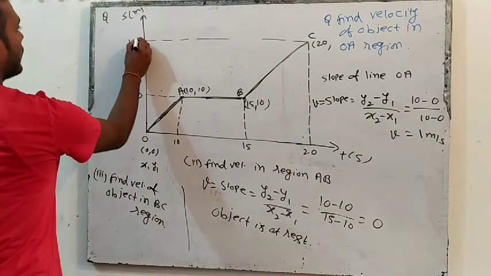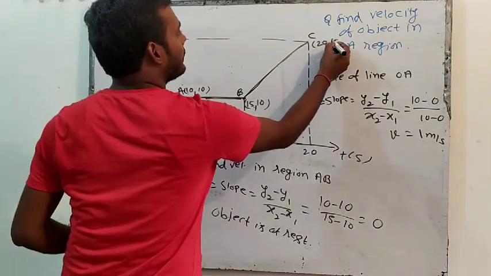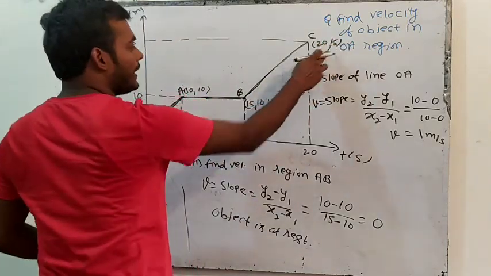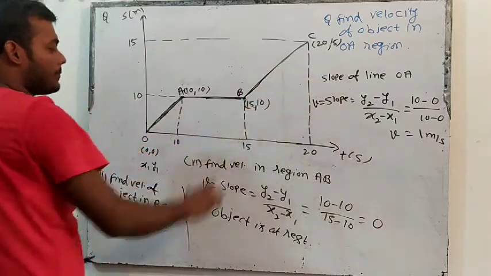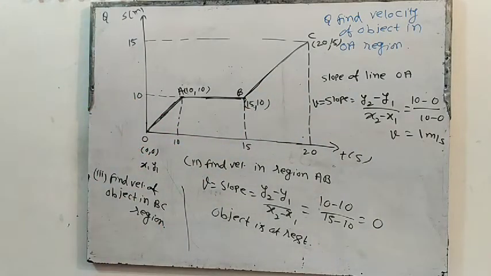This is 15, so this will be 20, 15. So 15 minus 10 divided by 20 minus 15, that will be the slope, and that will give you information about velocity. Clear? So you can find it and comment the answer in the comment section.